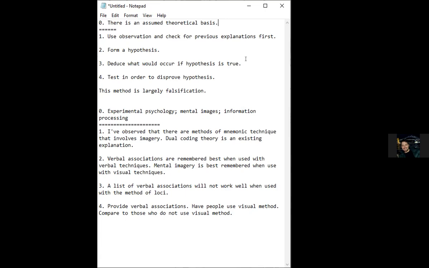We could say that if that were true, what else would occur? How would you deduce that? If that's the hypothesis, what else would occur if it's true? If you introduce the bug, the bug caused the disease.